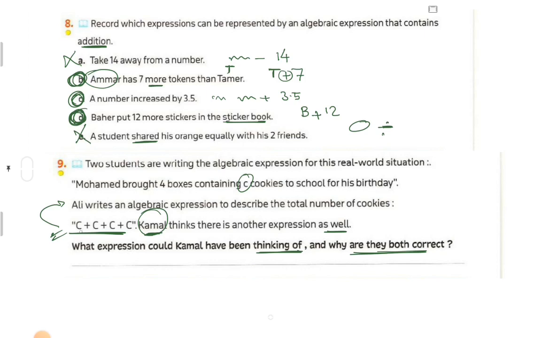We have C plus C plus C plus C. Of course, this equals 4C, right? Because C plus C plus C plus C is just 4C. This expression is correct, and this expression is also correct.